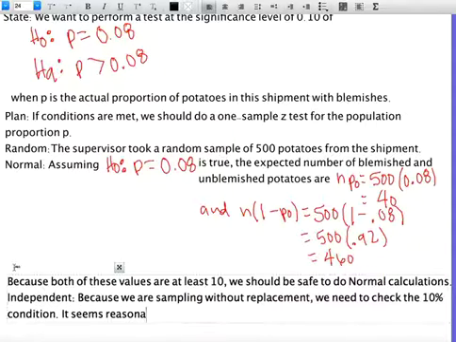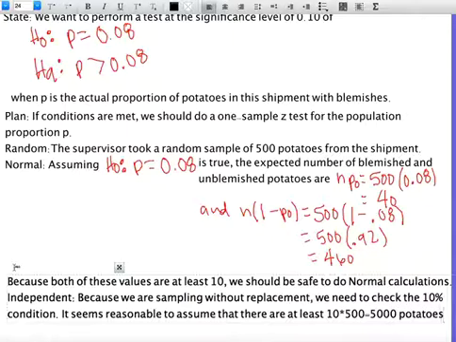It seems reasonable to assume that there are at least 10 times 500, which is equal to 5,000 potatoes in the shipment. To have 5,000 potatoes in a shipment, not that big of a deal. So that means that we basically have independent, so we're good.